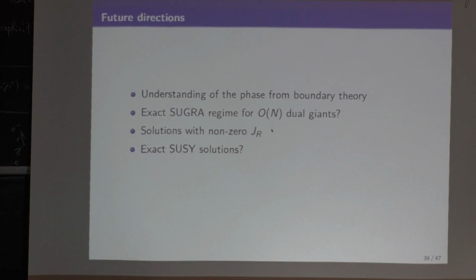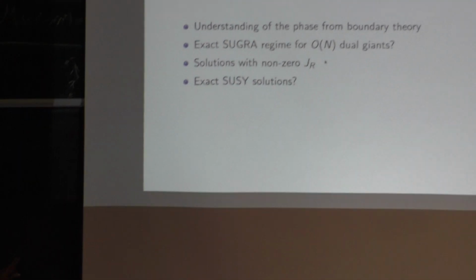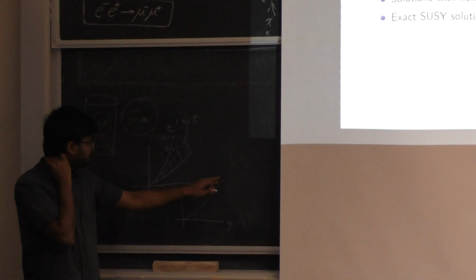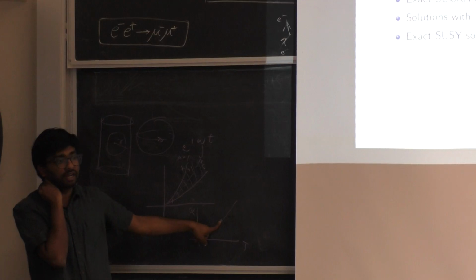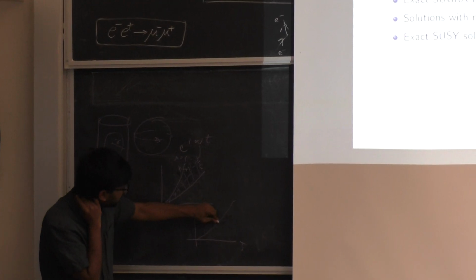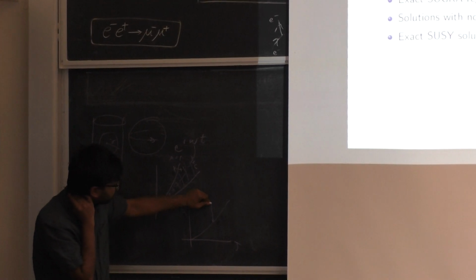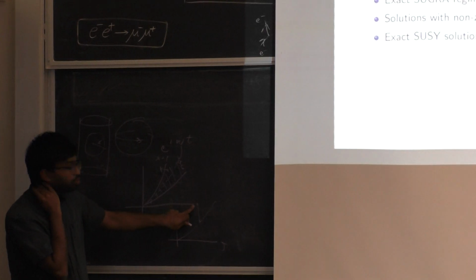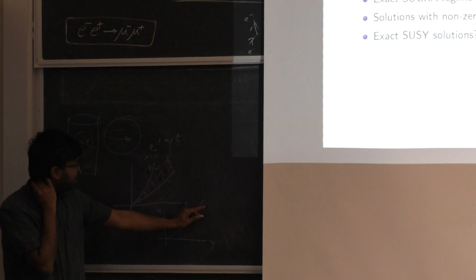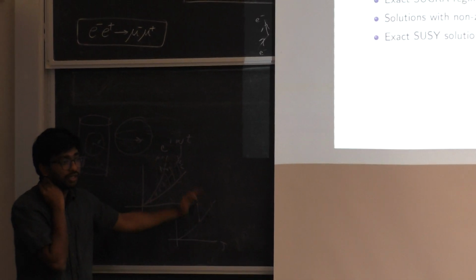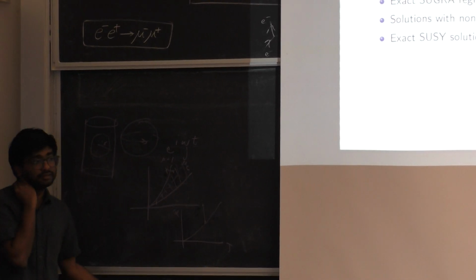So the supersymmetric solutions away from this curve are not known. But now this is suggesting that I can take a supersymmetric black hole and pair it with some dual giant graviton. So I give this much charge to the dual giant graviton, and I can find new supersymmetric solutions which extend this one-dimensional curve to higher dimension.